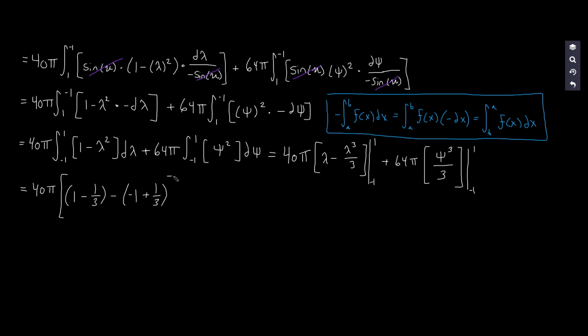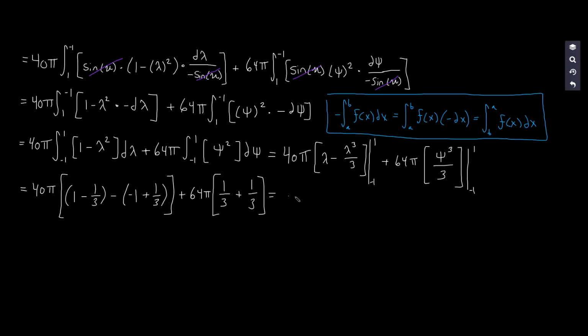And then what we are going to do is plus 64 pi times 1/3 minus plus 1/3. So what's going to happen here?